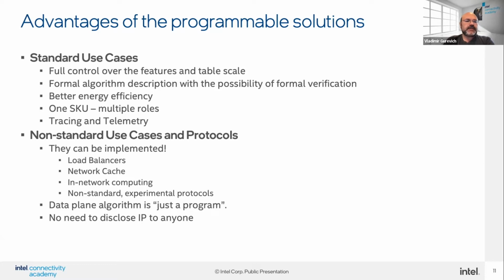We can use the ASICs not only to do routing and switching, but we can use them to perform load balancing. We can use them to implement network caches, perform in-network computing, accelerate machine learning, and do all kinds of things that were not possible before.